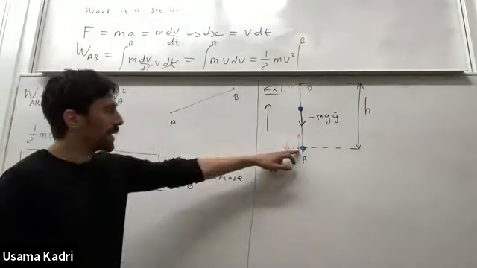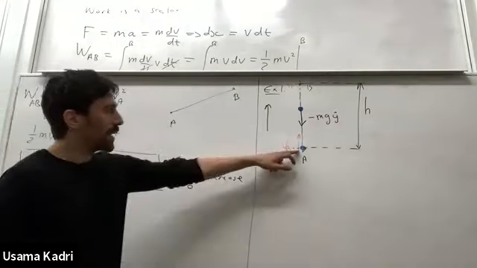right? Write it here, minus half mVA squared. This is the kinetic energy at point A. Kinetic energy at point B is 0.